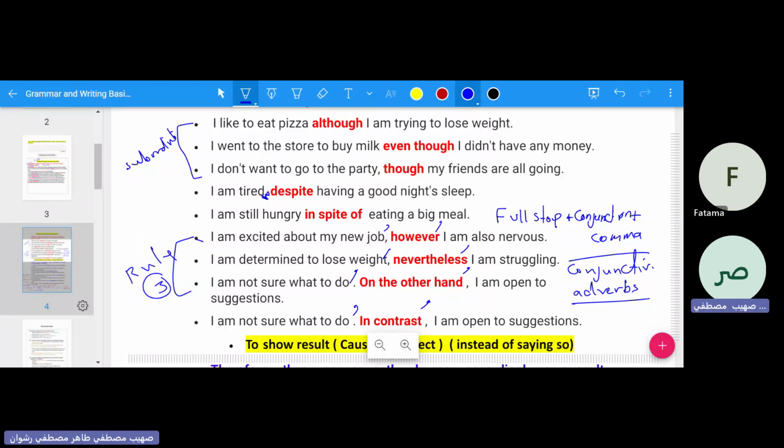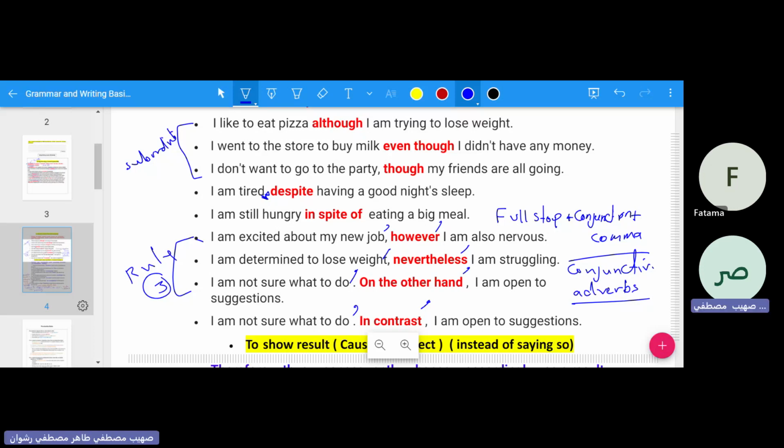So the correct sentence will be: she tried to sleep directly despite her kids made her exasperated. The same as the one I sent to you.